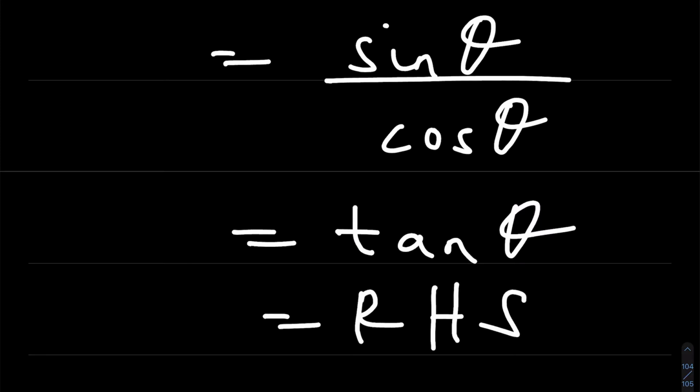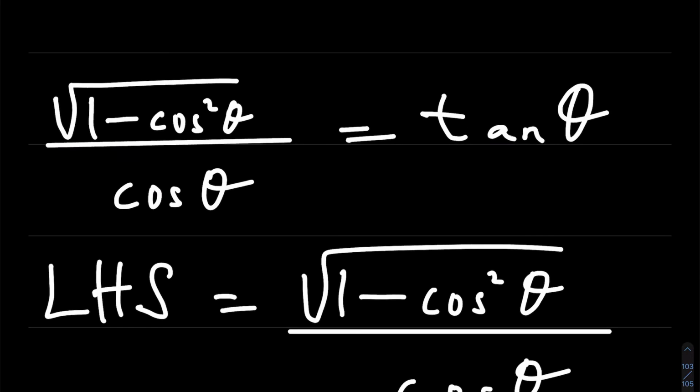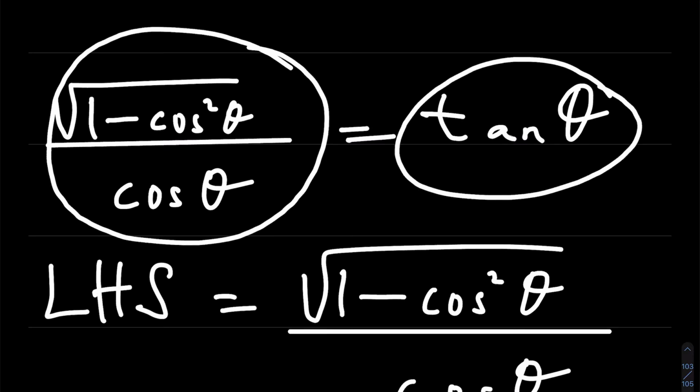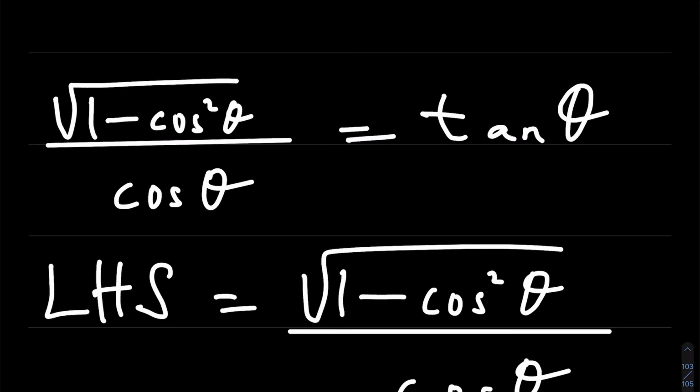And that's simply how to show that the square root of 1 minus cos squared theta over cos theta is equal to tan theta. Now we go straight to the next, which is we take another question.